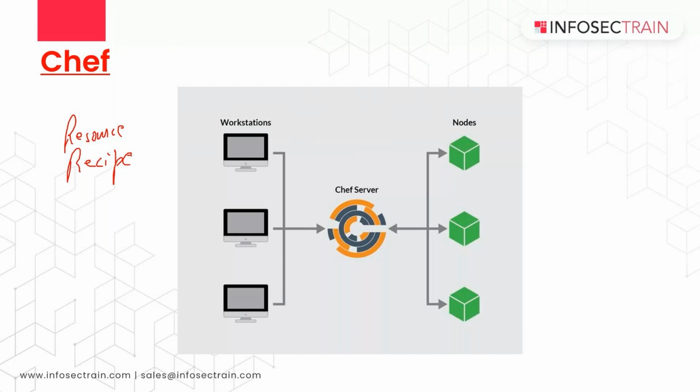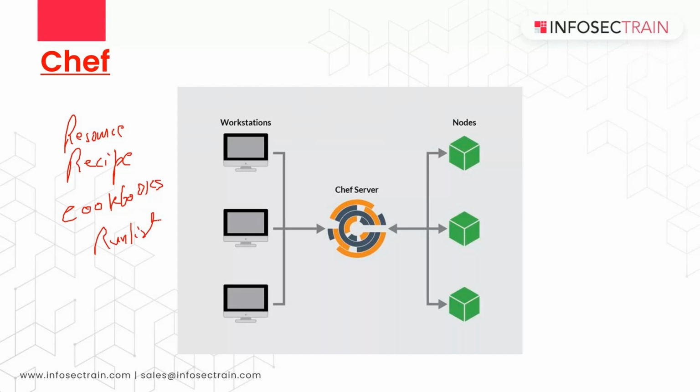So it is analogous to a recipe in a cookbook, because there are cookbooks as well, right? So it is a set of recipes about the same kind of work which is grouped together for easier management and sharing. And then there is run list. So run list is an ordered list of recipes that should be run against a given device, right? That is Chef, right?